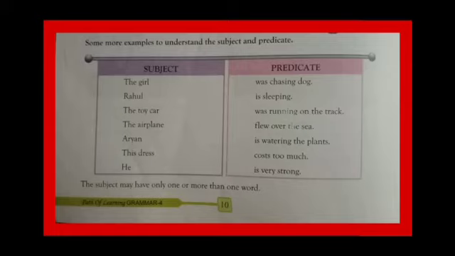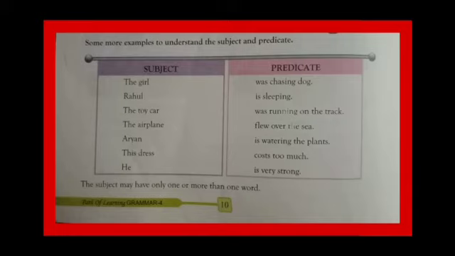This dress costs too much. What costs too much? This dress. So this dress is the subject and costs too much is the predicate. He is very strong. Who is very strong? He. So this sentence is about he. Then he is the subject and is very strong is the predicate.